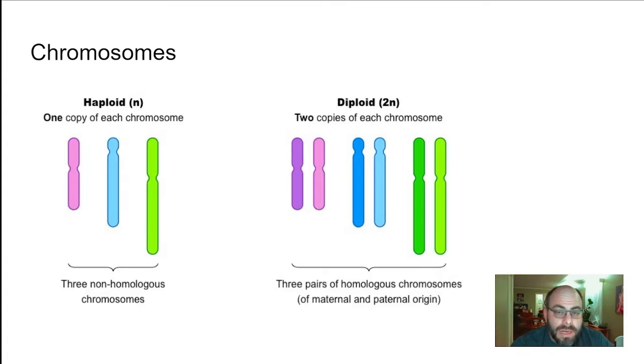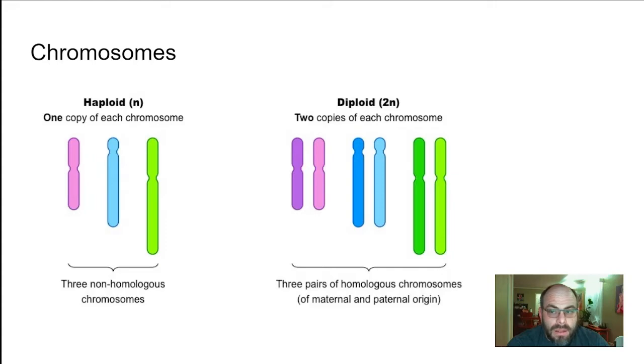Homologous doesn't mean identical. Mom's chromosomes and dad's chromosomes aren't the same, but they do have the same genes on them. Chromosome 1 from mom is going to be similar to chromosome 1 from dad. They're not identical because your mom and dad don't have identical genes, but they're going to be homologous. That'll make sense as we go through the rest of this unit.